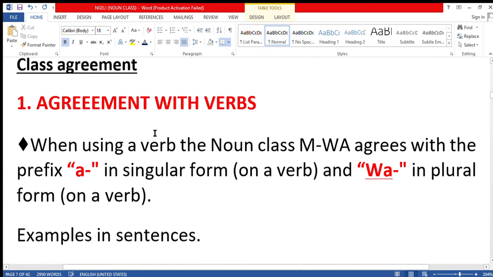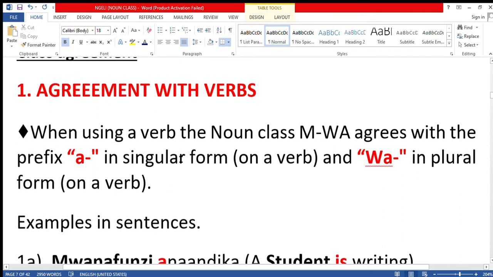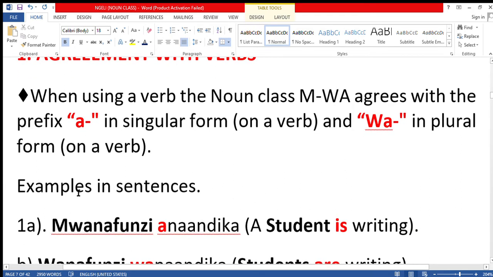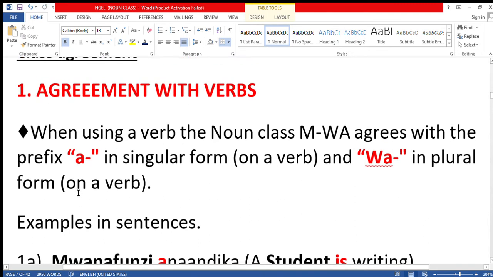Agreement with the verbs. When using a verb, the noun class mwa agrees with the prefix a in singular form on a verb, and wa in plural form on a verb.